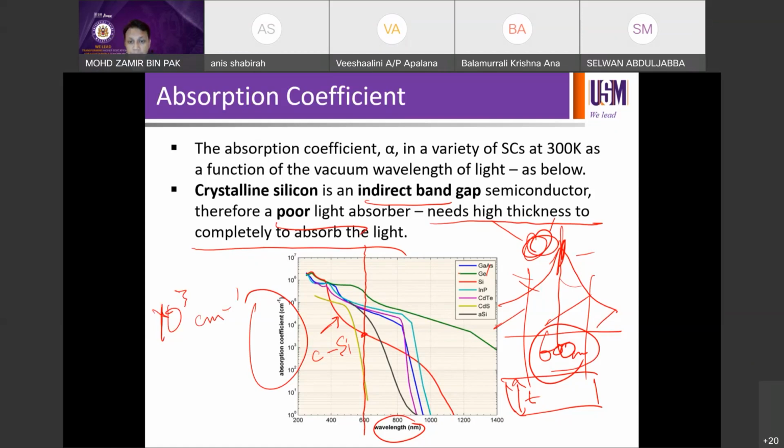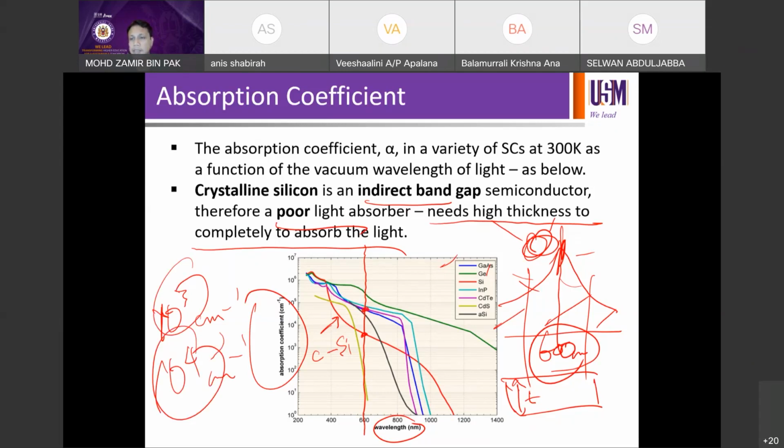So let's compare with gallium arsenide, right? Crystalline silicon is indirect band gap and gallium arsenide is direct band gap, blue. If you compare with gallium arsenide, that's like high 10 to the 4. High 10 to the 4. So one order of magnitude of difference between crystalline silicon and gallium arsenide.